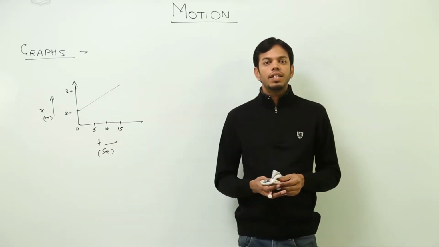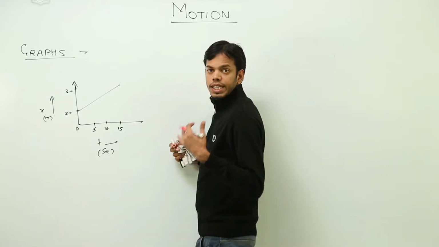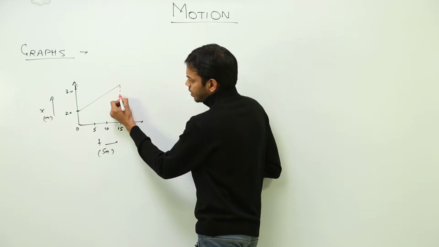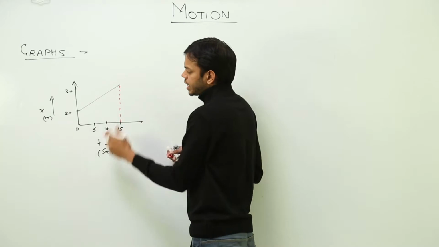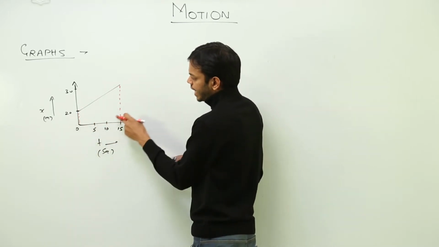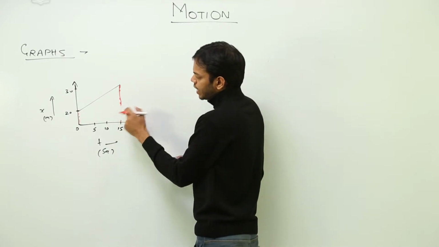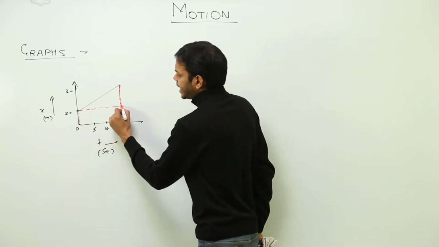And if you have to find the value of speed from here, what is speed? Distance traveled upon time taken. What is the total distance covered? Total distance covered is not this, actually it is this minus this part. So you are left with this only, and the time covered is this, right?